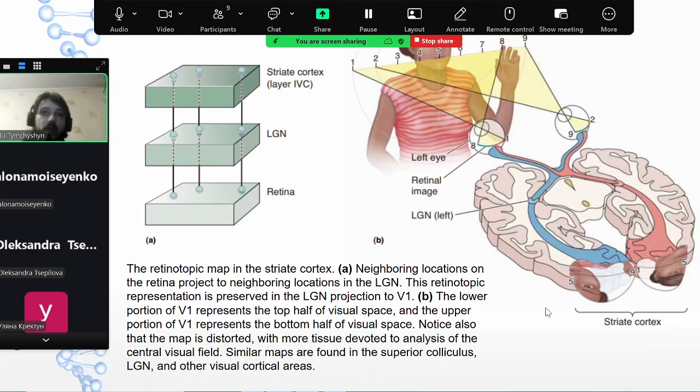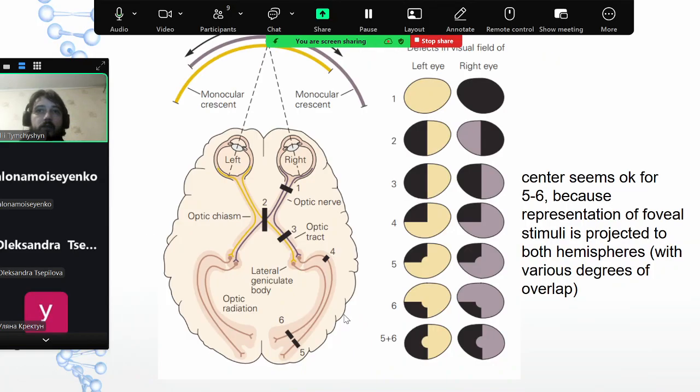We have already considered that we have the fovea, the field where we see most clearly and see colors, and basically the largest part of the brain is devoted to processing what is there. We can have similar maps in the superior colliculi, LGN, and some other cortical areas.